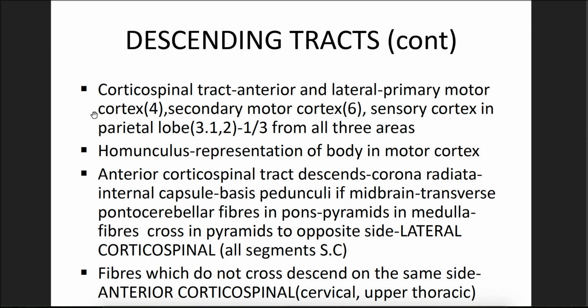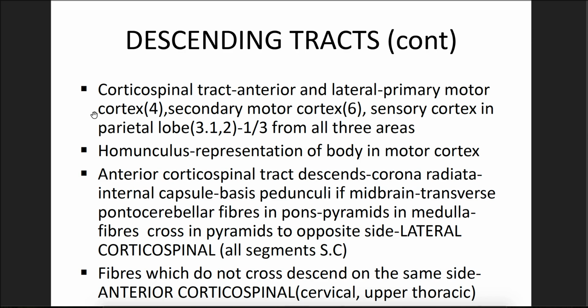One third will be from the secondary motor cortex, area 6, and the remaining one third of fibers will be from the sensory cortex, areas 3, 1, 2. Collectively, we call the aggregation of all these fibers the corticospinal tract.